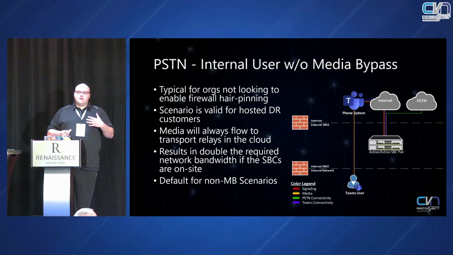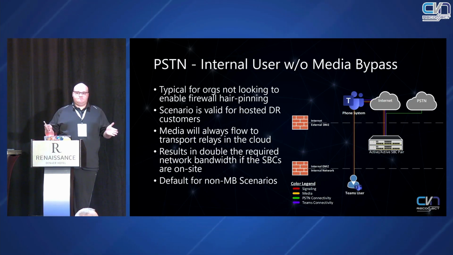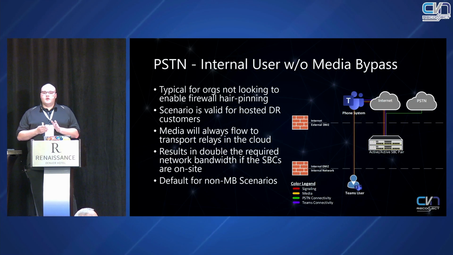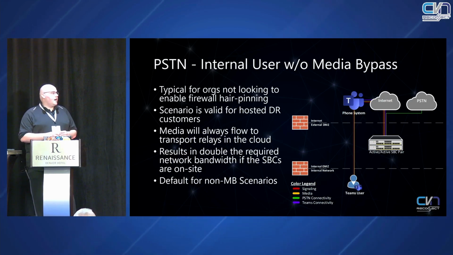One of the things that happens when you deploy Teams is that if you have, let's say, 500 users going out to Teams and coming back in, you're now requiring double the bandwidth that you would traditionally need in a standard scenario. Instead of just going out and calling it a day, you're going out and coming back in twice.